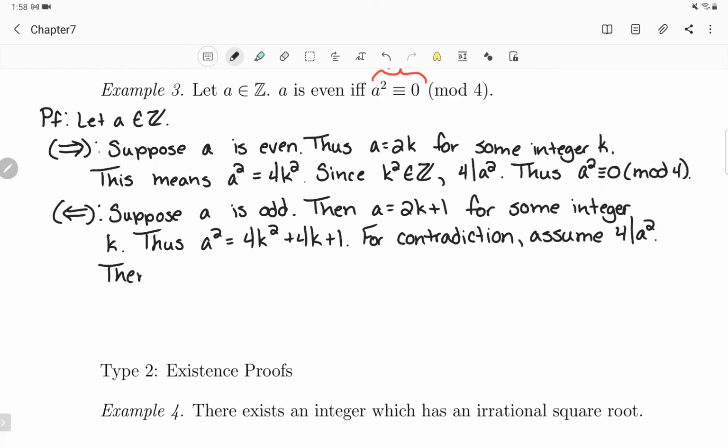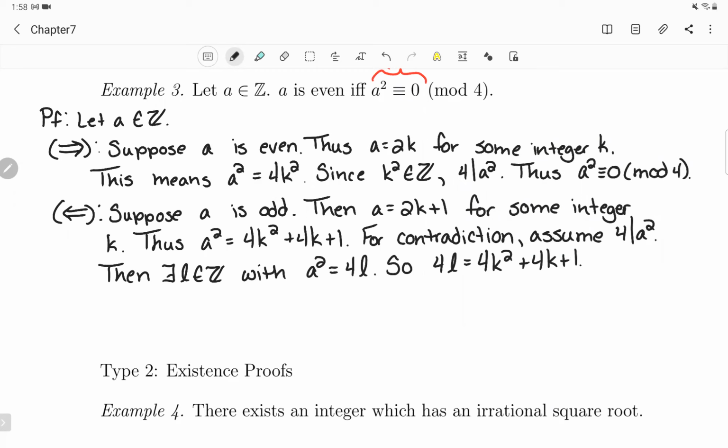Then there exists L in the integers with A squared equal to 4L. So 4L equals 4K squared plus 4K plus 1. So I just combine the two equations together.